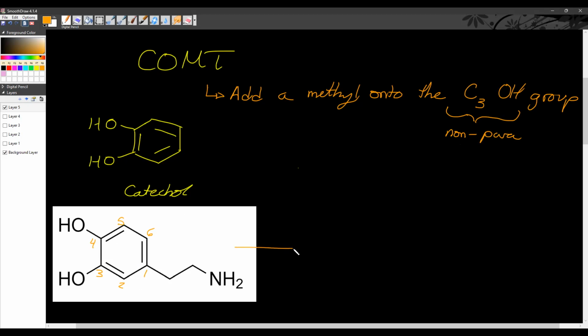So what COMT is going to do is add a methyl group onto that OH.